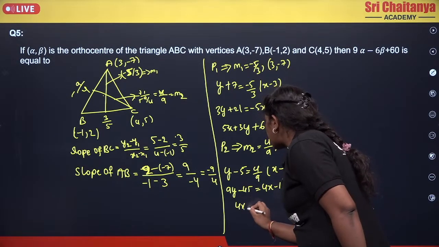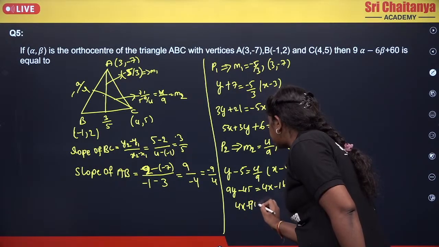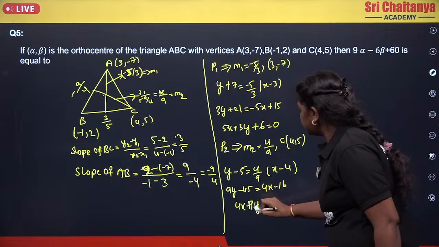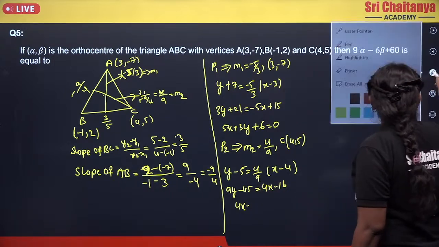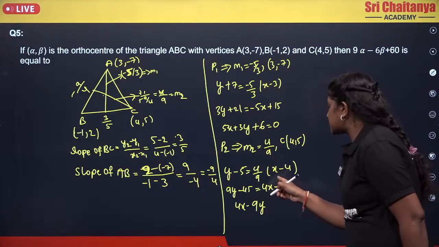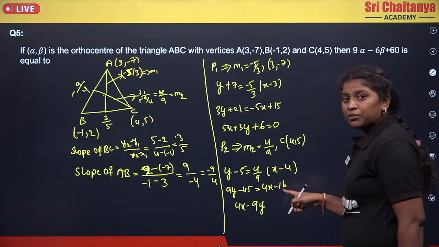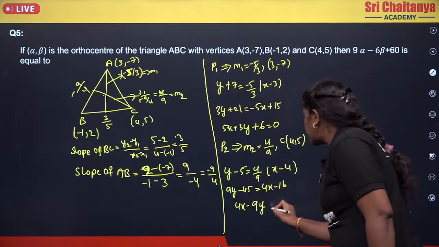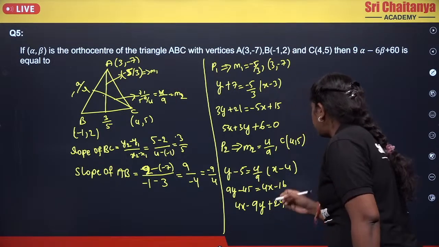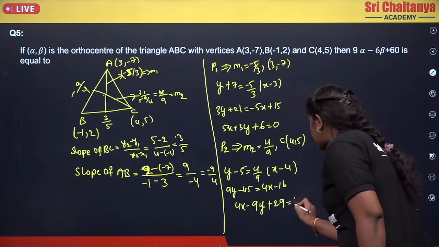Now 4x minus 9y, so 4x minus 9y and minus 16, and here it becomes plus 45. So that becomes 29, so plus 29 equals 0.